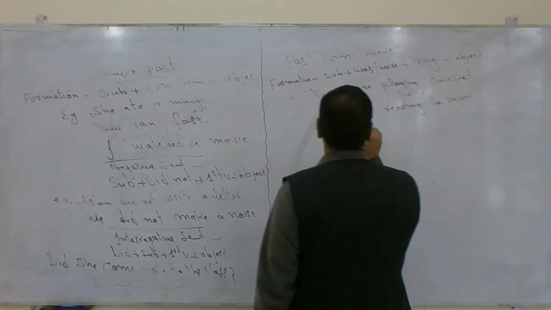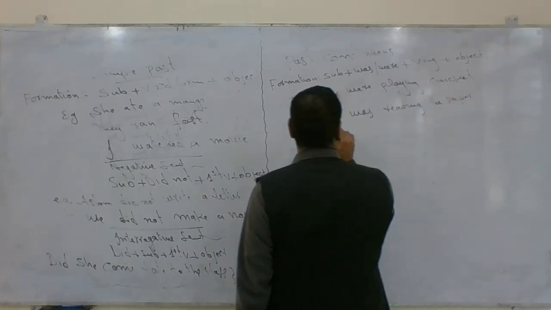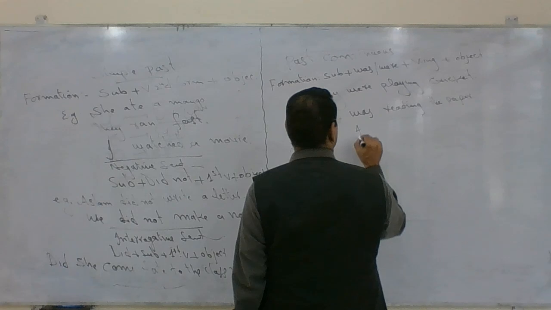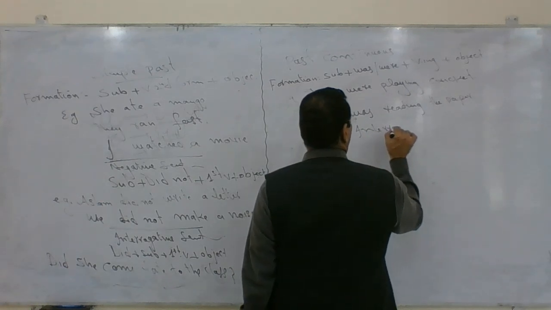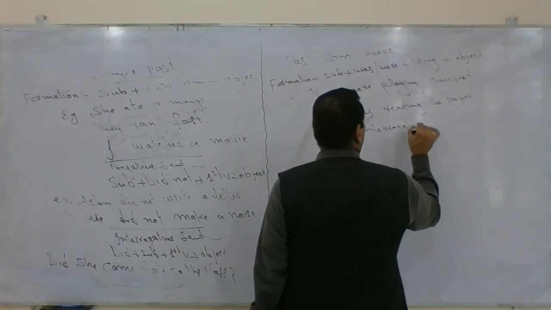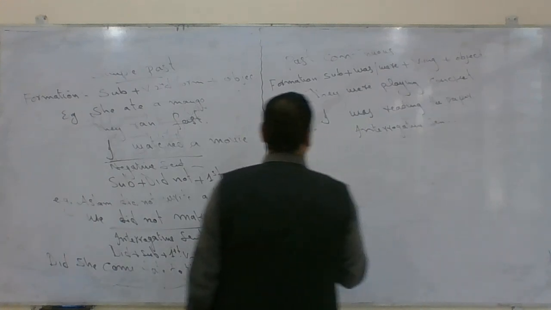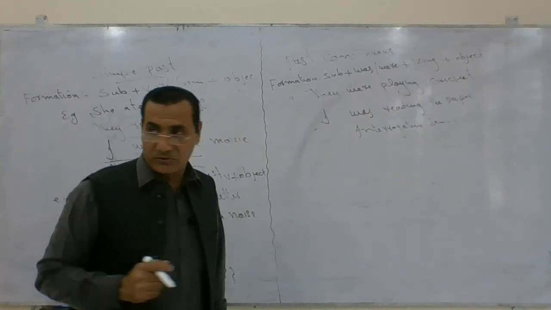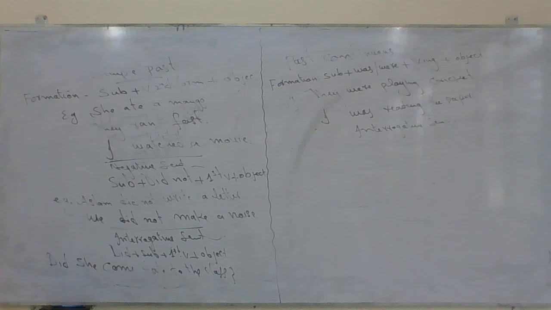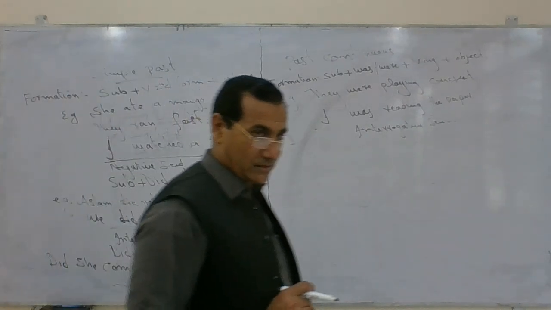For negative sentences, you are supposed to put not after the auxiliary verb, meaning after was and were.